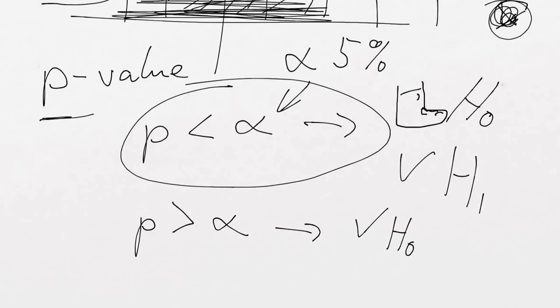So if P is high, then we accept that the samples are the same. So if I give you P equals 0.5, alpha equals 0.05, do we accept or reject the null hypothesis?